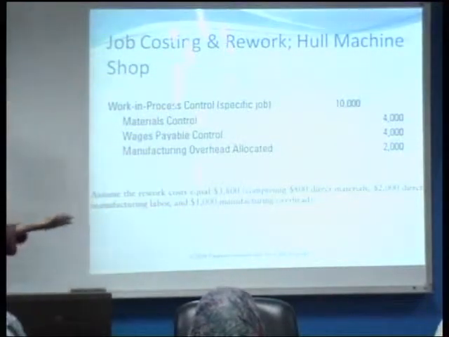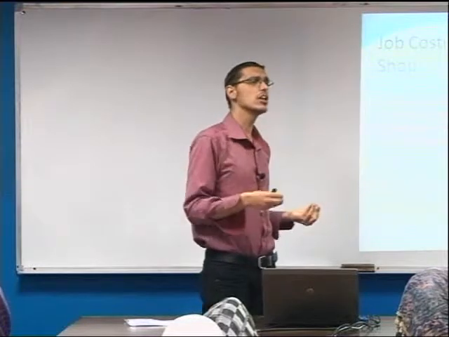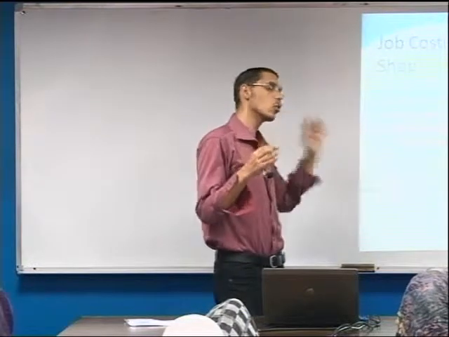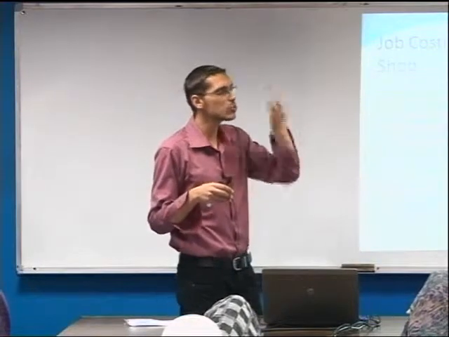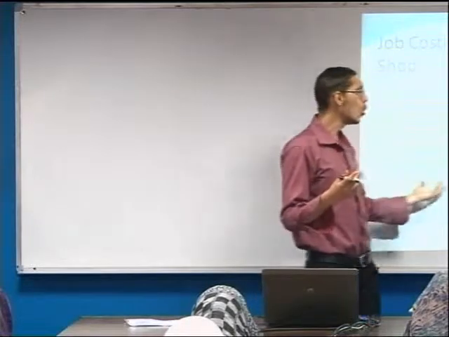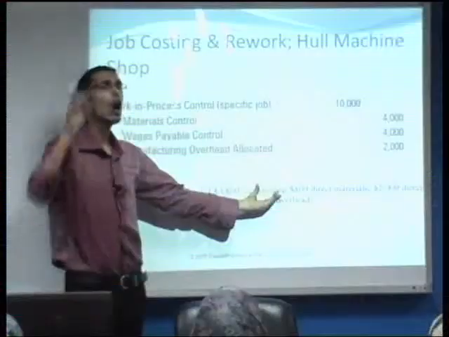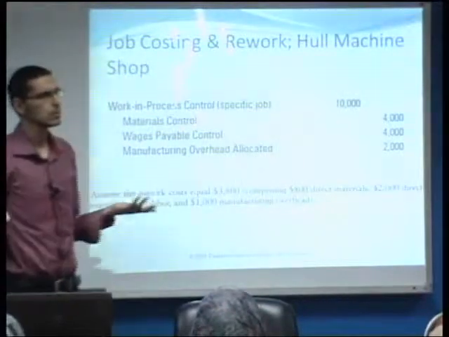What is the accounting treatment if the normal rework was deemed to be attributable to this specific job? We are going to load all these costs onto the work in process that is specific for that particular job.